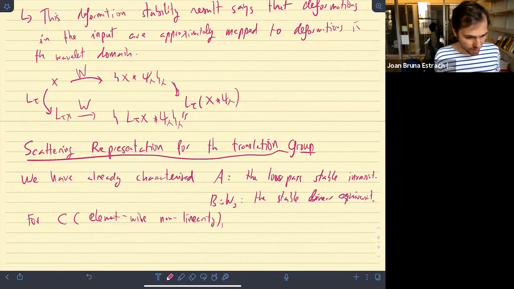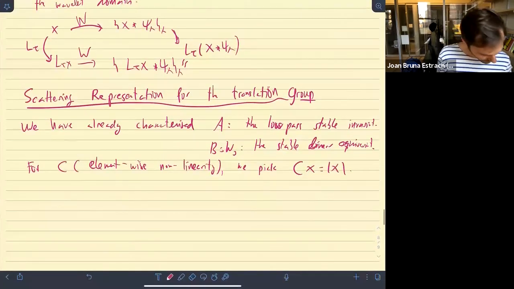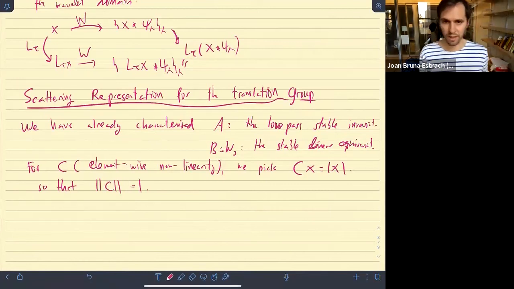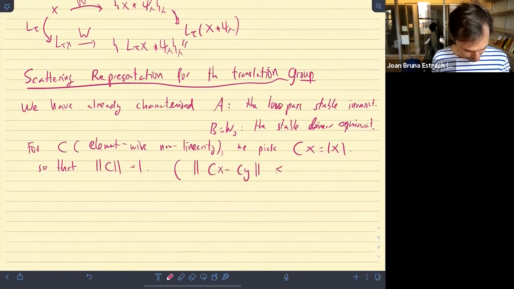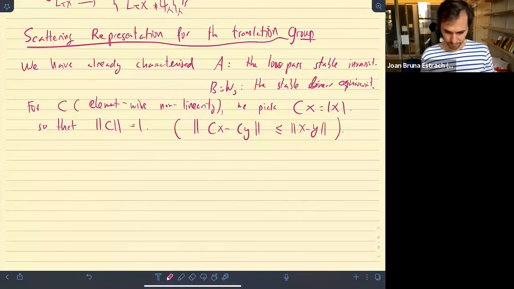So we use the absolute value: rho, that is C of X, is just the absolute value. So C is nonlinear, but it's unitary and contractive. And so we also know that the norm of C of X minus C of Y is at most the norm of X minus Y. Okay.